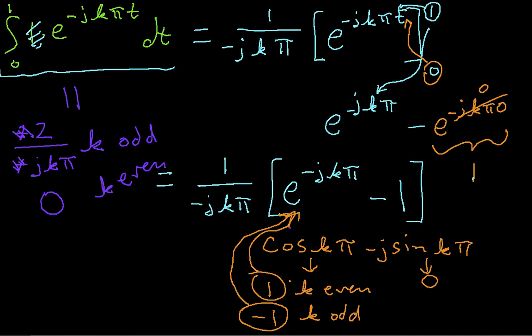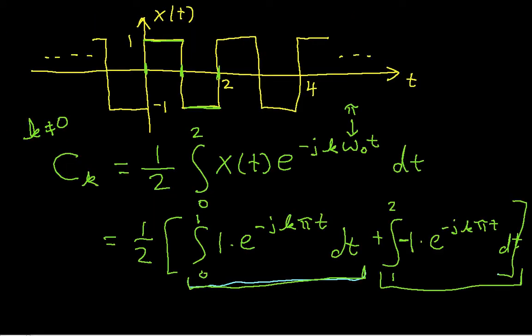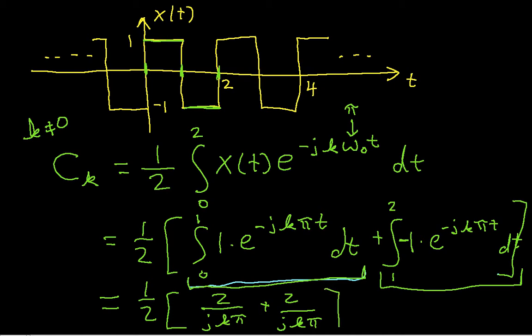So we can go back to our original square wave, and we can now say that this guy is going to be 1/2 times 2 over j k pi plus 2 over j k pi, and this is the case where k is odd, or it will be 0 when k is even.